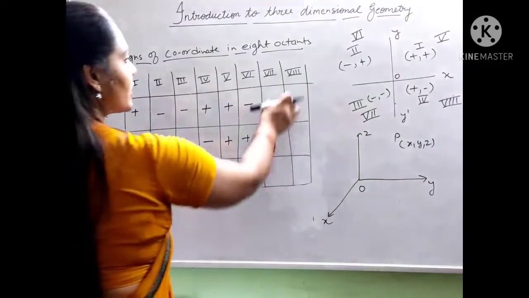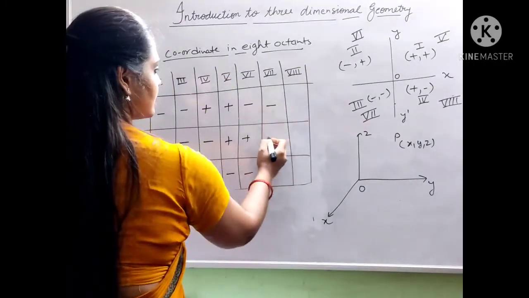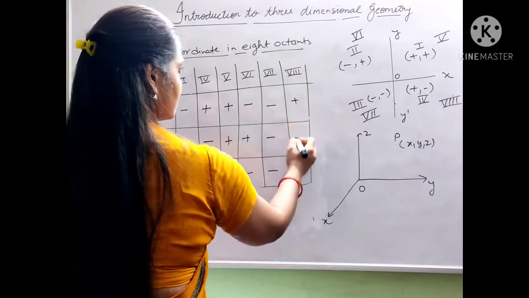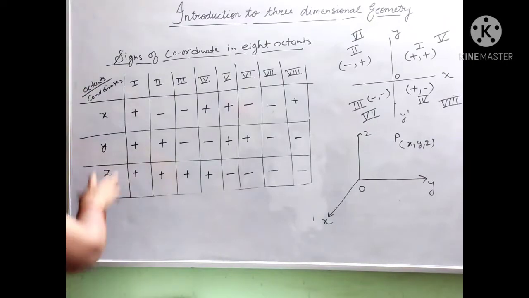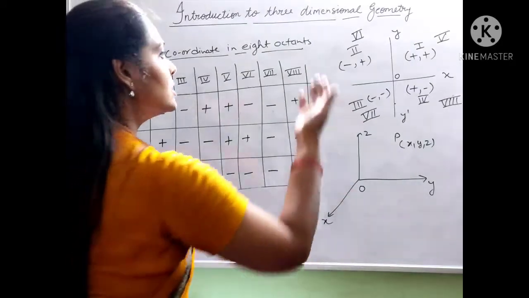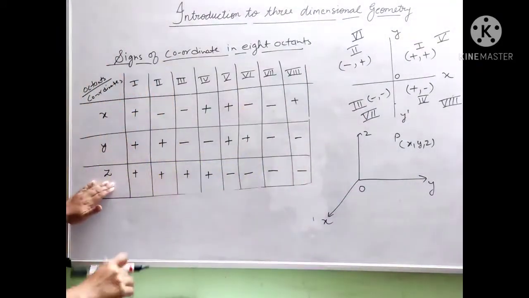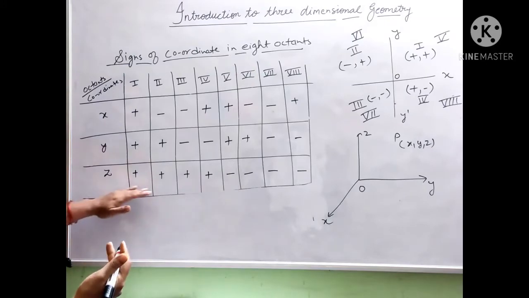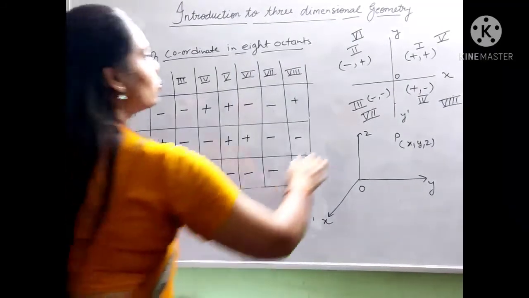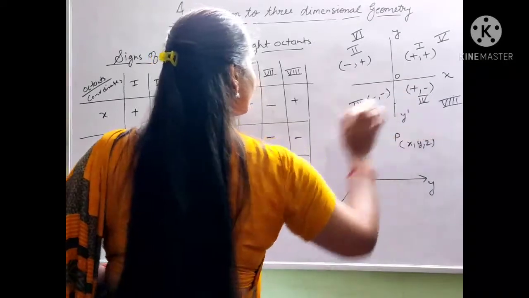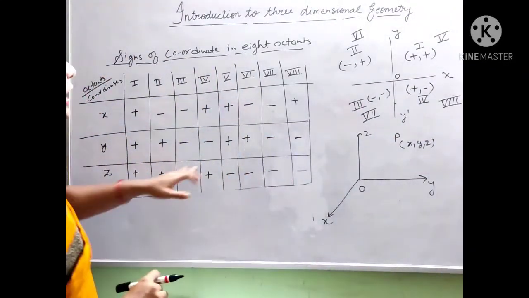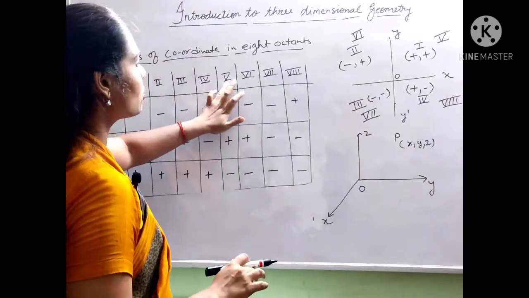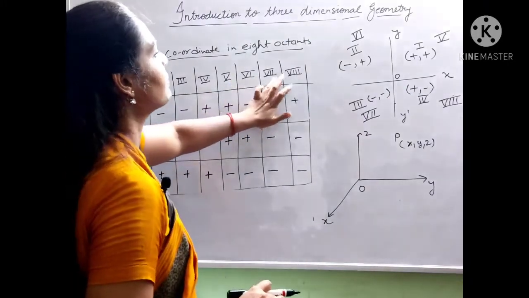In the same way, we can fill in the rest. All the values of x and y work as in two-dimensional geometry except z. If z is positive, we write first, second, third and fourth quadrant. If z is negative, we dig a hole in the wall and take the 5th, 6th, 7th and 8th octant.